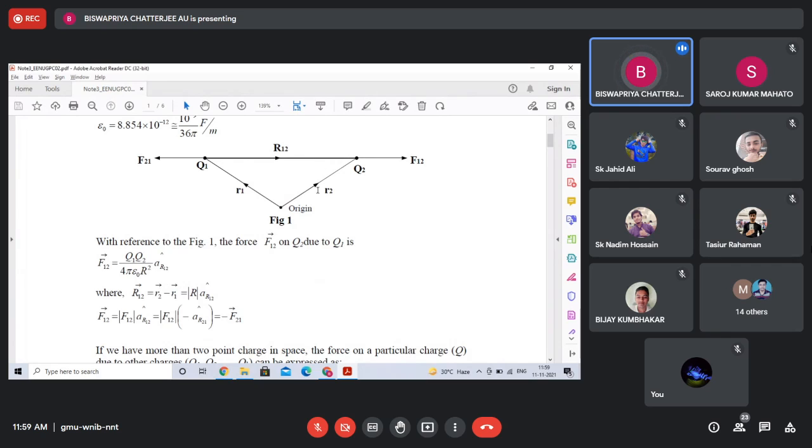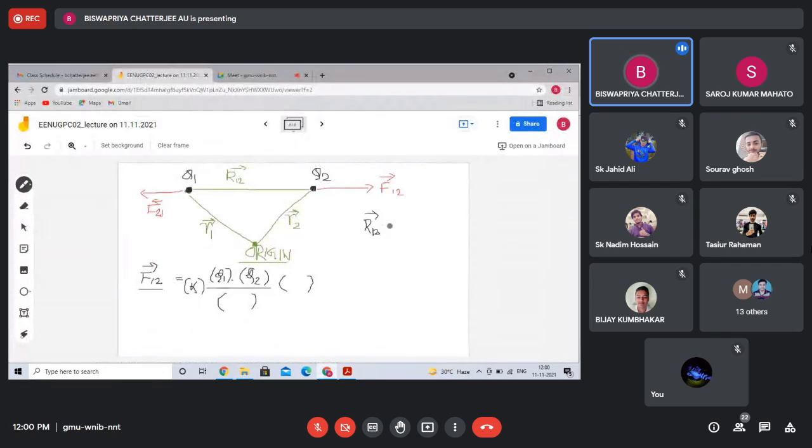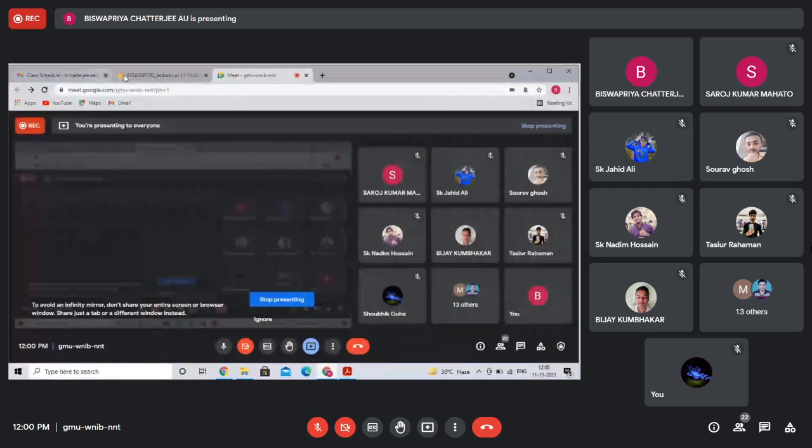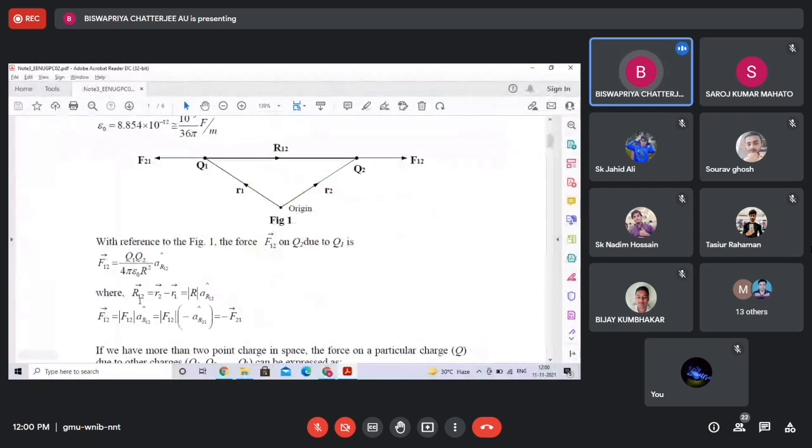Because by the triangle law, R1 plus R12 is equal to R2. So R12 is equal to R2 minus R1.